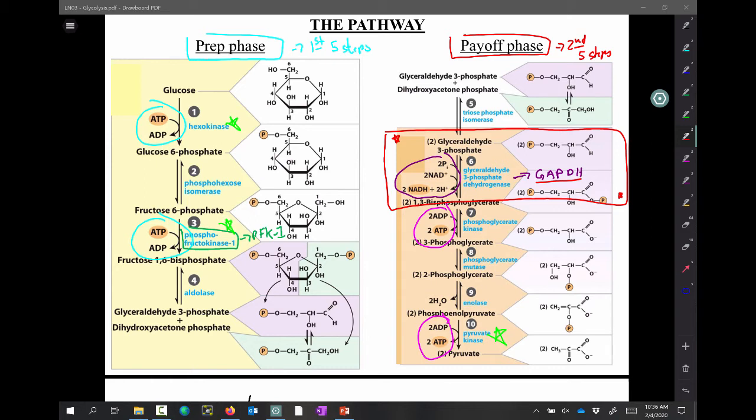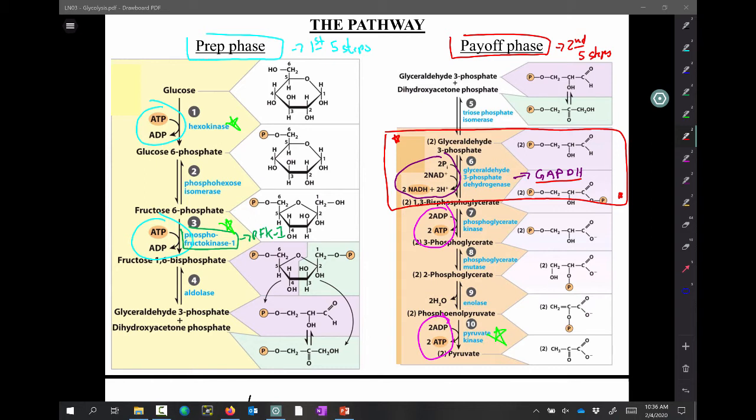In this case, though, we're looking at the reduction potential difference between a carbon in a substrate, in this case glyceraldehyde 3-phosphate, and a coenzyme, in this case NAD+, right?